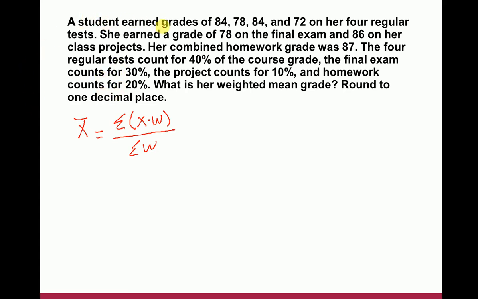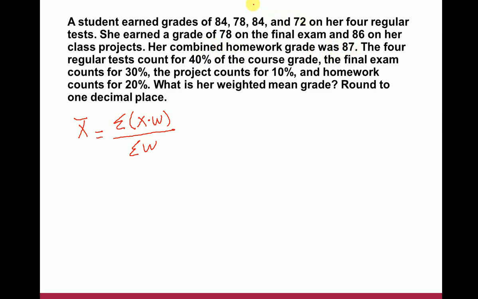A student earned the rate of 84, 78, 84, and 72. This is the score for her 4 tests. Now she also earned the rate of 78 on the final exam, 86 on the class projects, and all the homework assignments. When you combine them together, she got 87.